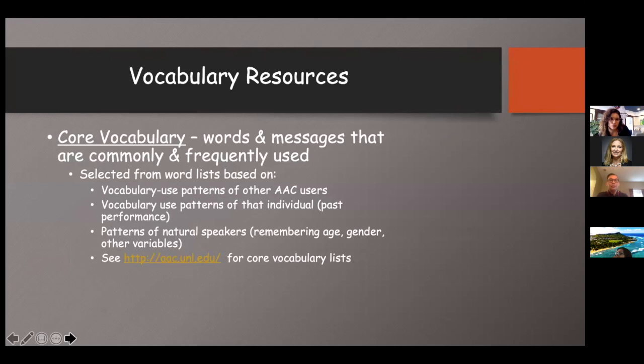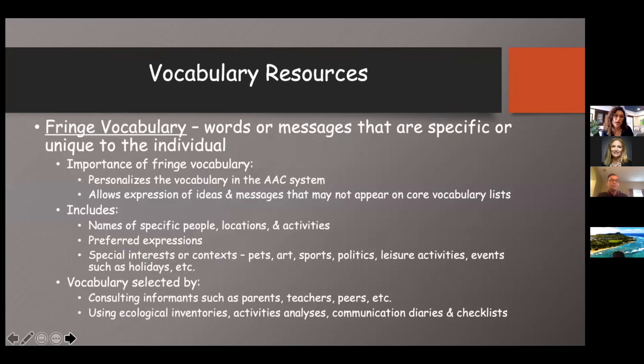I don't know if there's anything else you want to add. There are some core vocabulary lists that you can find. A lot of times, even if you just Google it, you could find large lists of core vocabulary. Like if you're going to make maybe a low tech or no tech AAC device, you could find the core vocabulary just by simply Googling it.